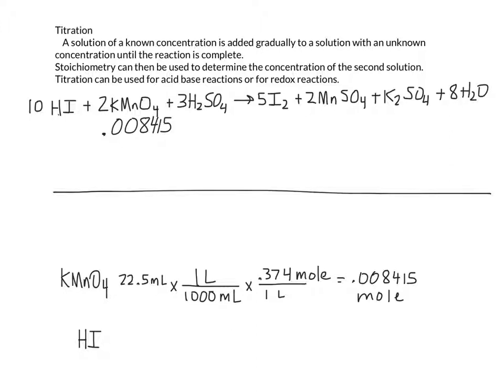So I'm going to take that 0.008415 and basically multiply it by 5. All of that is going to get used. I know that because this came from a measurement in the lab where we used all of it. And I need 5 times as much. So I'm going to take that and multiply by 5, and I'll get 0.04208.